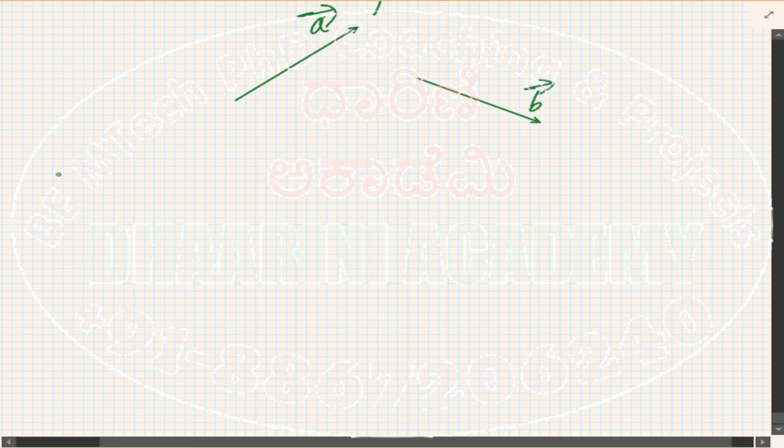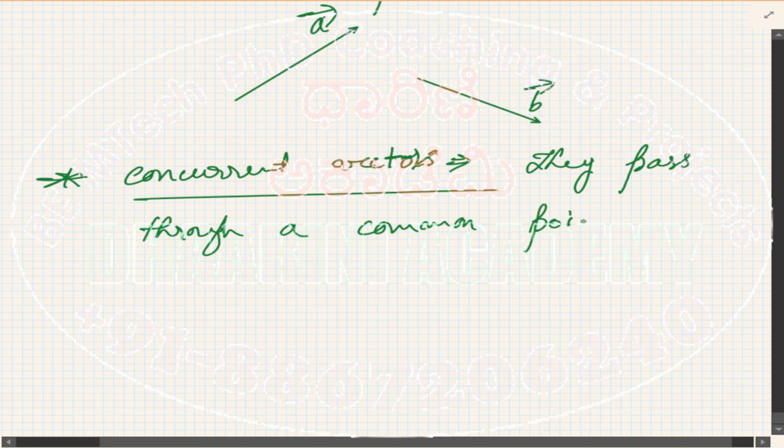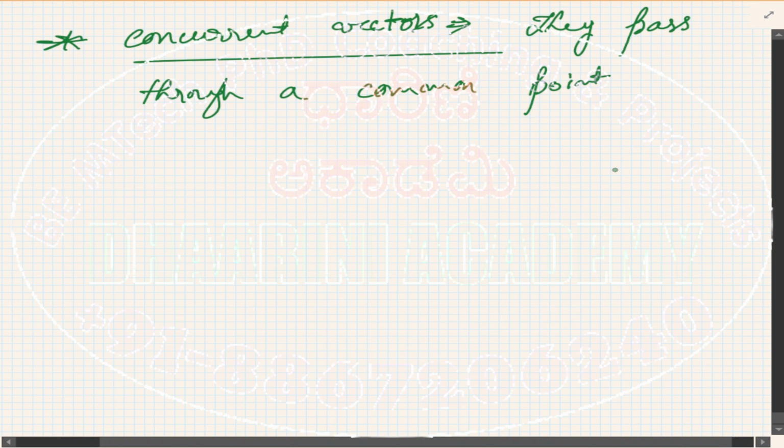Then there is what is called concurrent vectors. These are the vectors which pass through a common point, they are called concurrent vectors. Okay, for example, let's consider a common point like this, and every vector you draw passes through this.